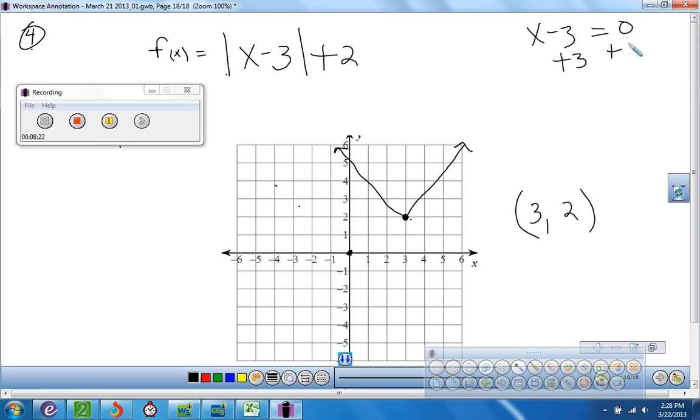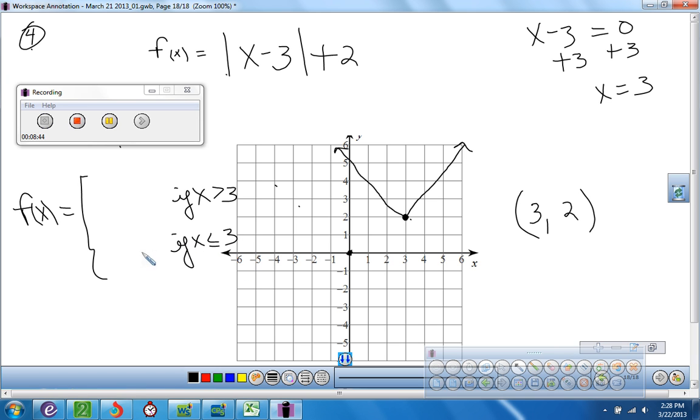So we add 3, so x is 3. So that's going to be our ifs. So I'm going to write it over here. So as a piecewise function, if x is greater than 3, it's going to be this, and if x is less than or equal to 3, it's going to be this part.